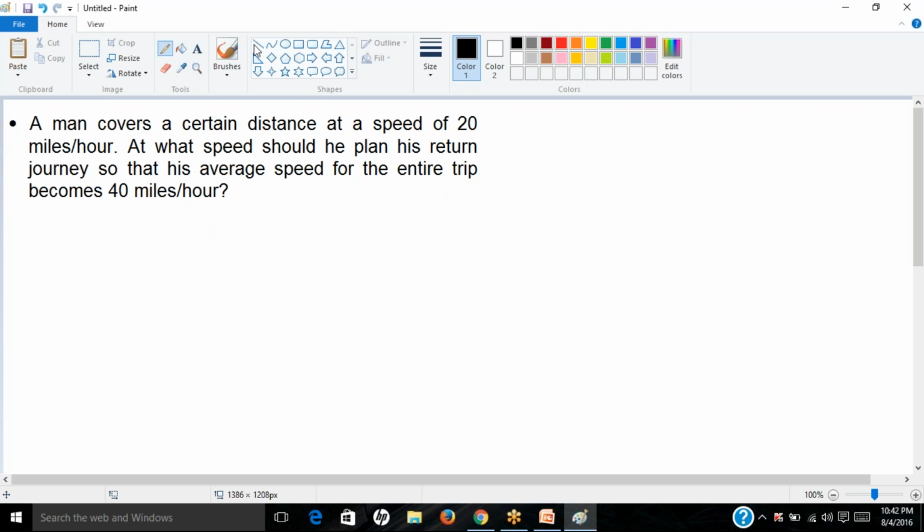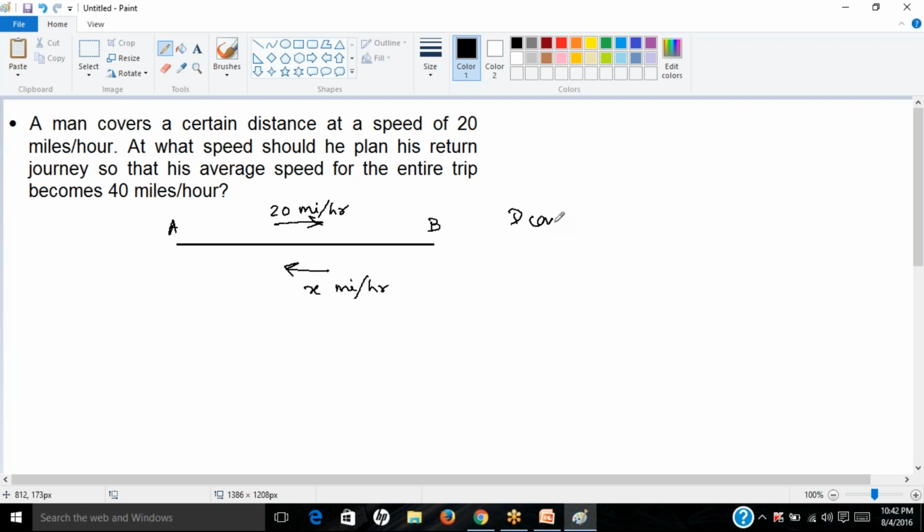Okay, let me explain this. As I said, draw a diagram. No, Hina, 80 is not right. Draw a diagram. This is the point from A to B you are traveling. Onward journey at 20 miles per hour. Let us say return journey is x miles per hour.